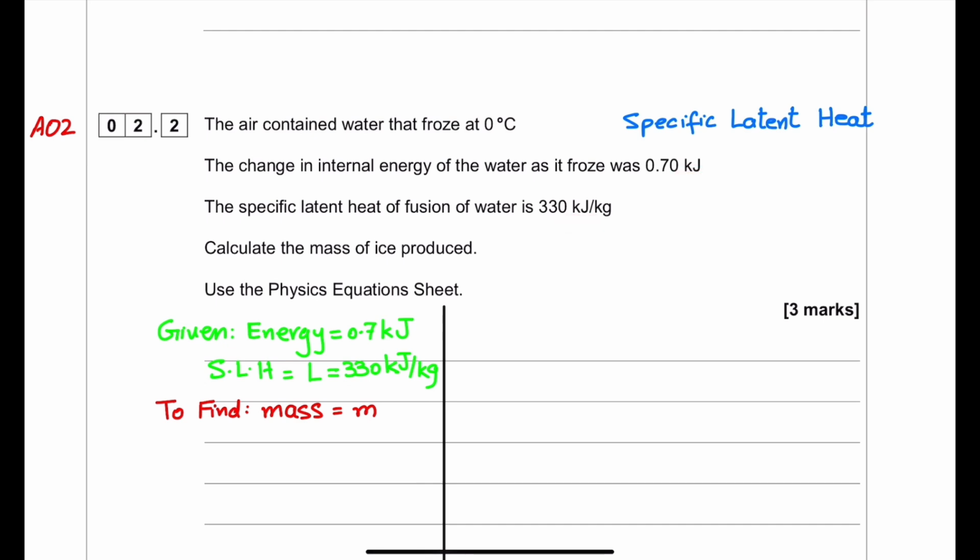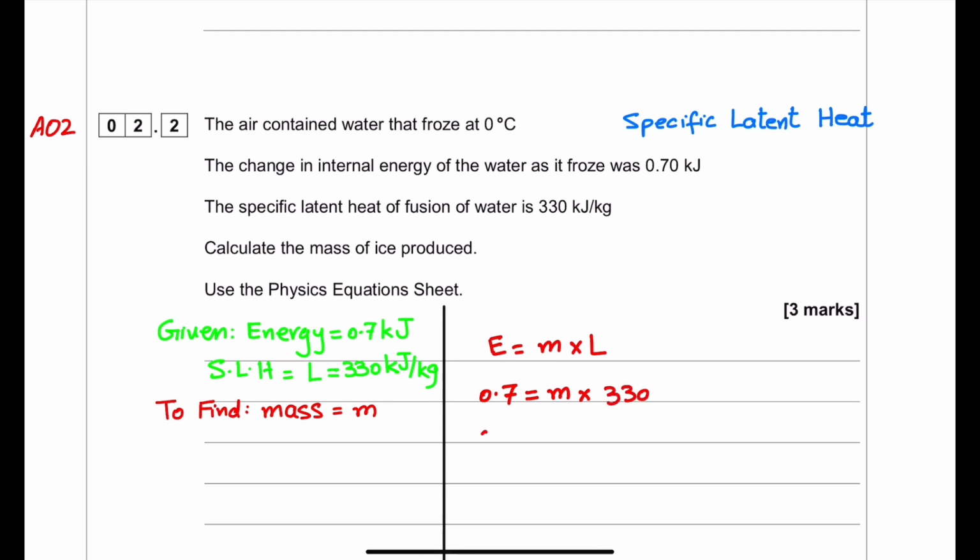So the values are given here. Energy is 0.7 kilojoules and specific latent heat is 330 kilojoules per kilogram. We need to find the mass of the ice. We know that the specific latent heat formula is energy equals mass times L. Energy is given as 0.7, the mass of the ice is unknown, and the value of L is 330.